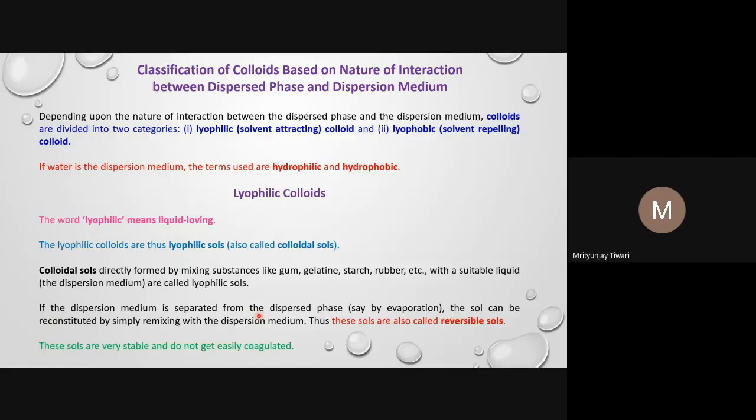Once the solvent is evaporated, the dispersed phase and dispersion medium are separated. As soon as you add the dispersion medium, water, again and mix it properly, the sol will form again. Thus these sols are called reversible sols.